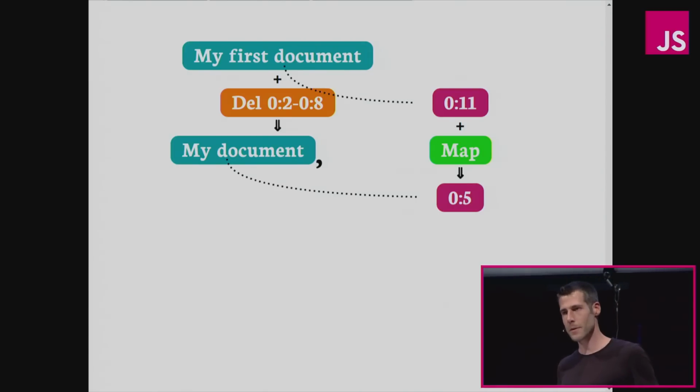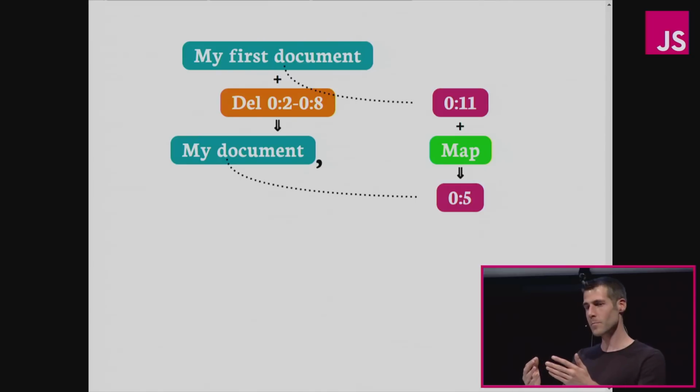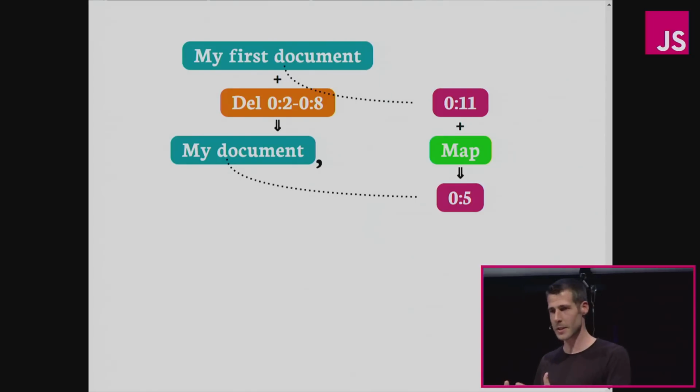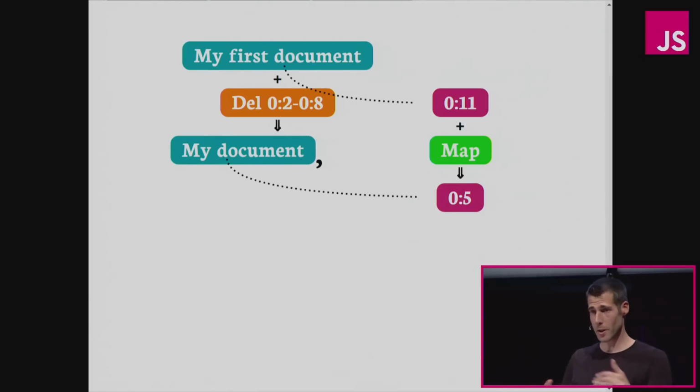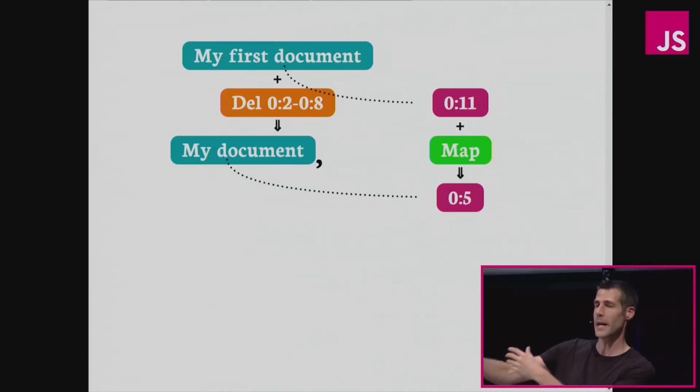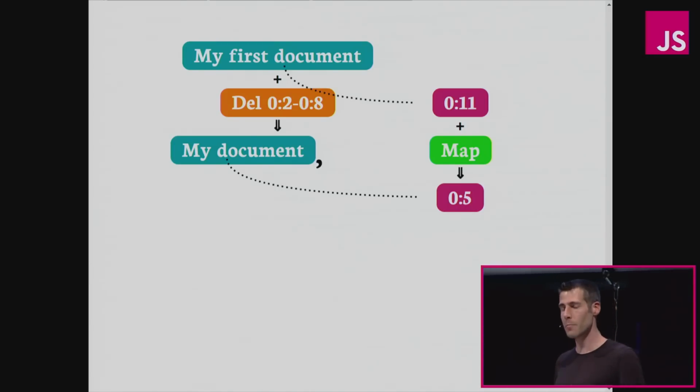So if you have a collaborative editing setup and two users make edits concurrently, one of them will end up going first, and the other one will have this change that they've made, but that they're not able to apply to the current document because the document changed in the meantime. They can use this approach to take the change that the other user made, move their own change over it, and then apply it and retry pushing it to the server.